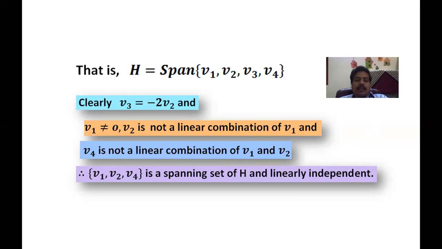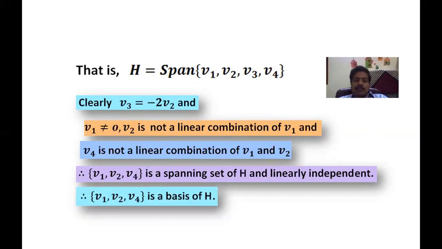And we have seen that V1 is not a zero vector, V2 is not a linear combination of V1, and V4 is not a linear combination of V1 and V2. So these three are linearly independent. So it can span H and is a linearly independent set. So we can say that the set of V1, V2, V4 is a basis of H. So a basis of H contains three vectors. So we can conclude that dimension of H is 3.